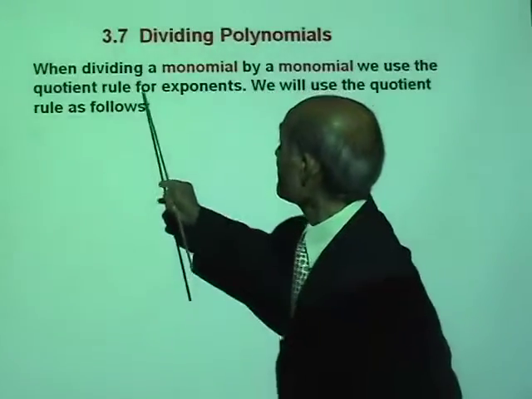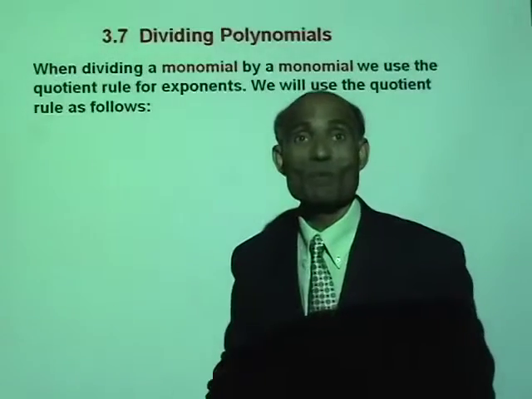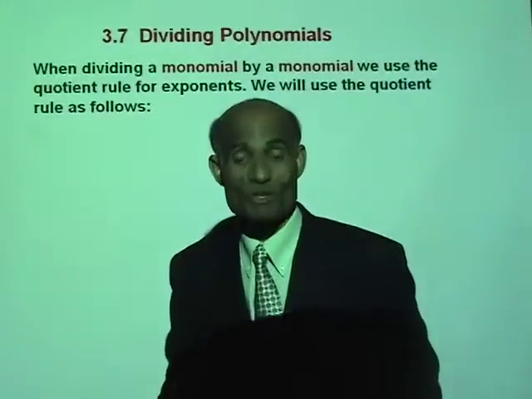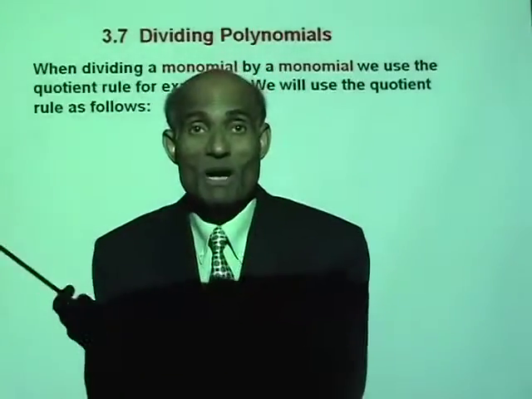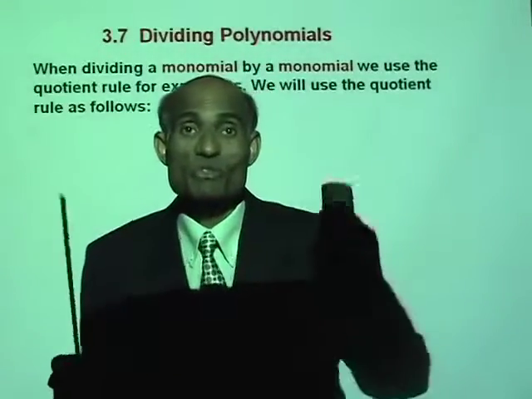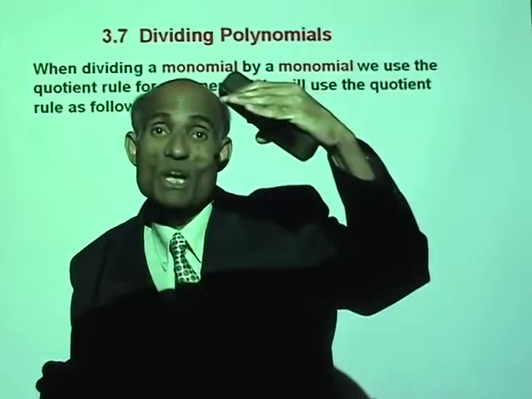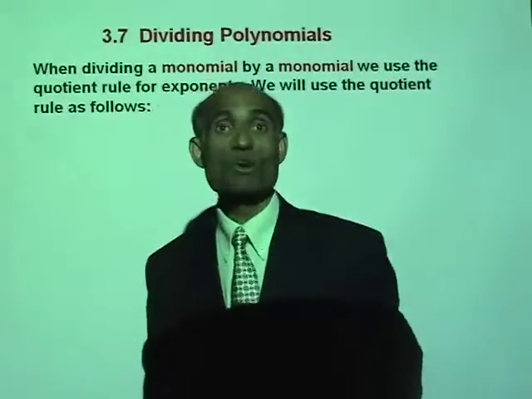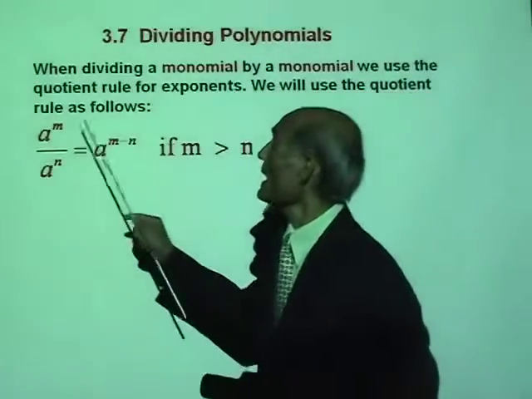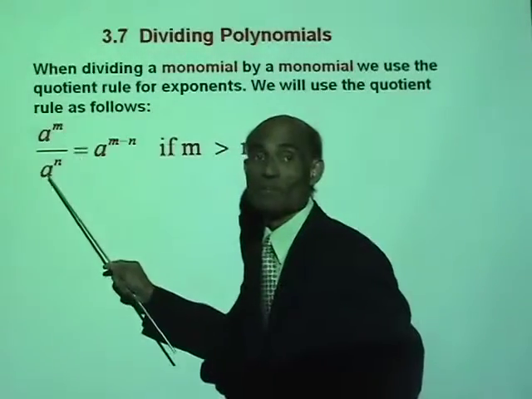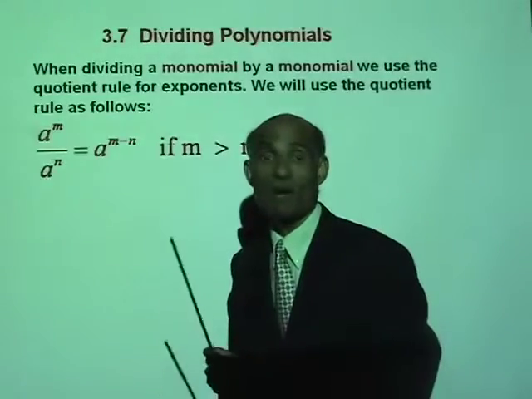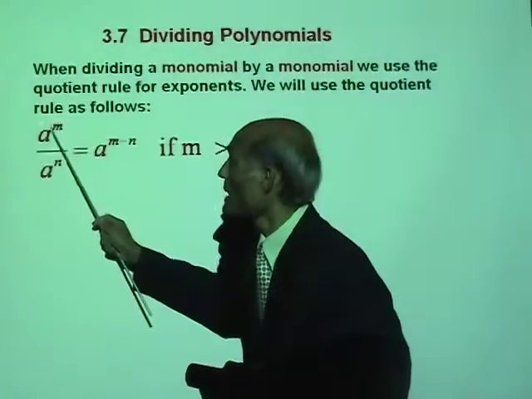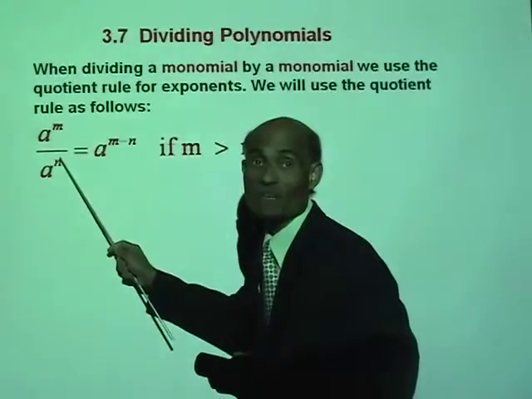Well, when dividing a monomial by a monomial, we use the quotient rule for exponents. I hope you remember how the quotient rule is used to divide one term by another term. Now, let's look at the quotient rule to begin with. a to the power of m divided by a to the power of n is equal to a to the power of m minus n.